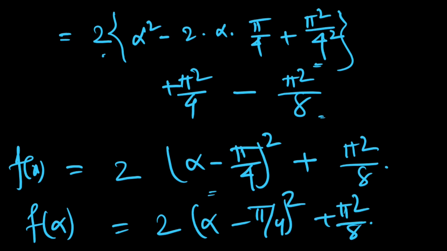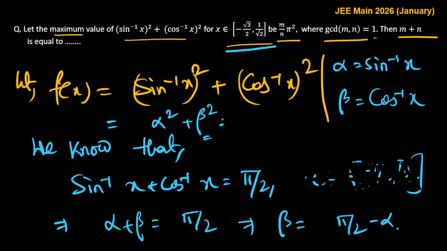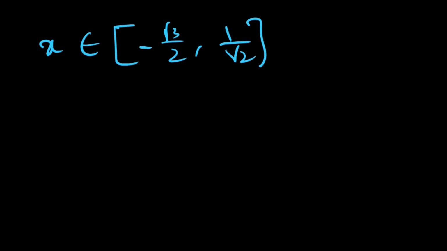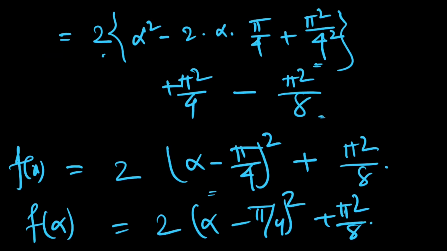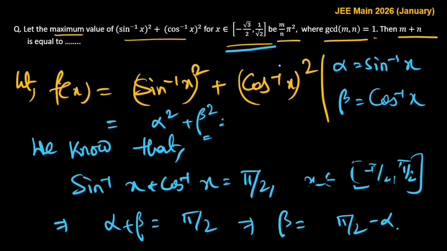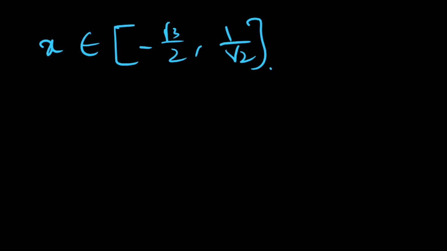Now it is given that x belongs to [-root 3 by 2, 1 over root 2]. Our expression is in alpha, that means sine inverse x. So we focus only on the sine inverse.